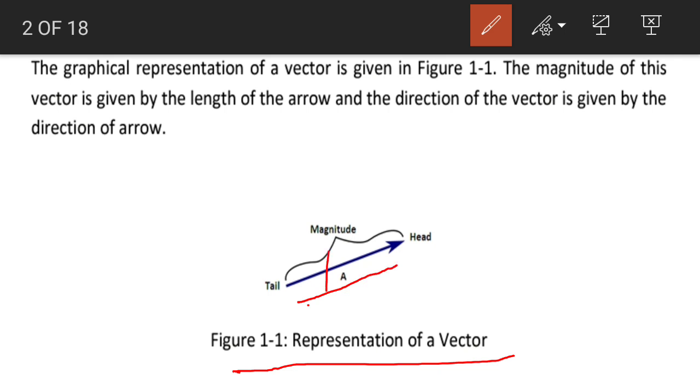The length of this arrow gives you the magnitude of this vector quantity, and the head, which is in the form of an arrow, gives you the direction of this vector quantity. So this is the graphical representation of a vector quantity. The length of this arrow gives you the magnitude, and the head of this arrow gives you the direction of this vector quantity.